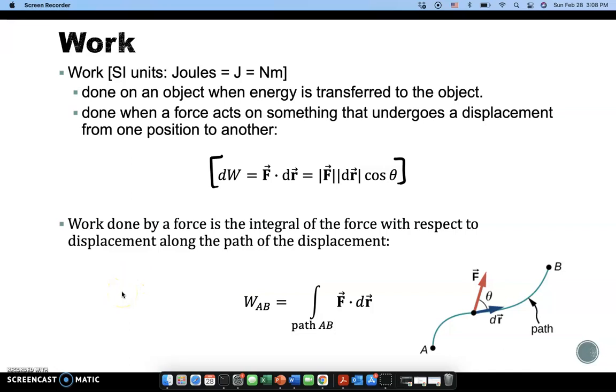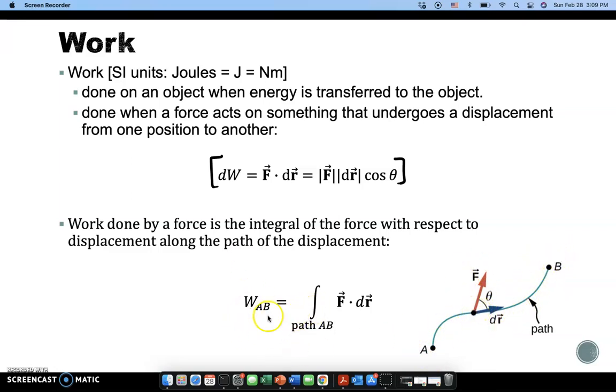If work is done by a force, it is the integral of the force with respect to displacement along the path of the displacement. Graphically, you can see that here. If we have some path from A to B, and we have force and displacement vectors and the angle between them, theta, we can determine the work done by this force.